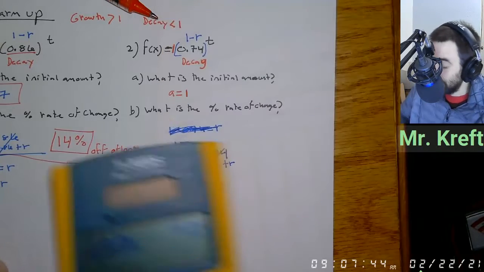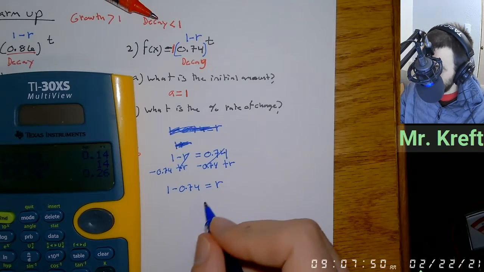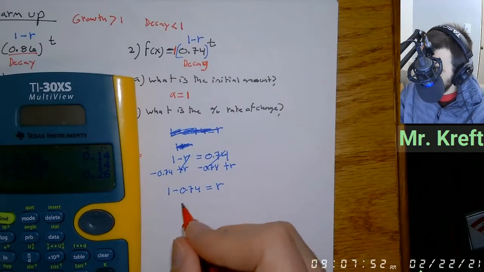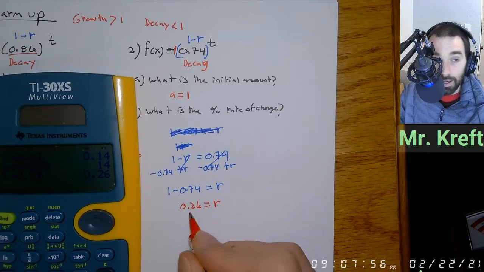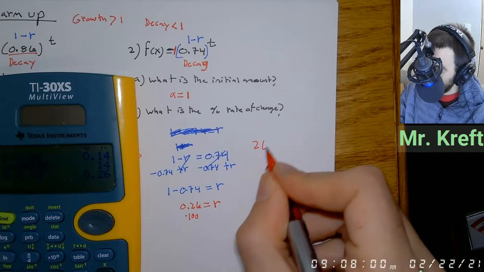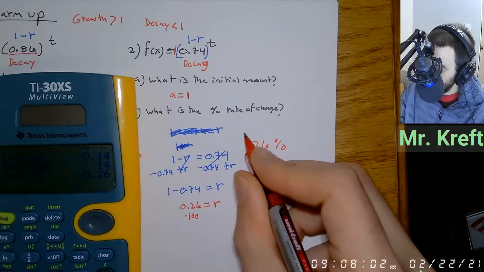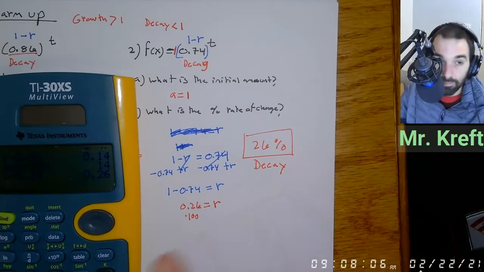And I'm going to type that into my calculator. So I'm going to get 1 minus 0.74, and I get that my R is 0.26. Okay? And then if I multiply that by 100, I get 26%. Okay? That's my rate of decay.